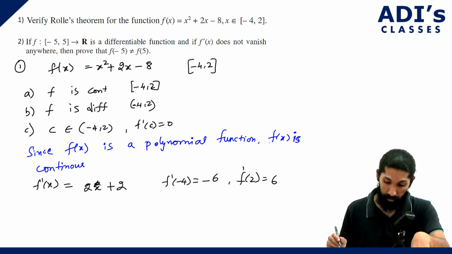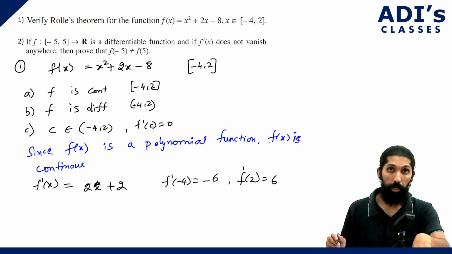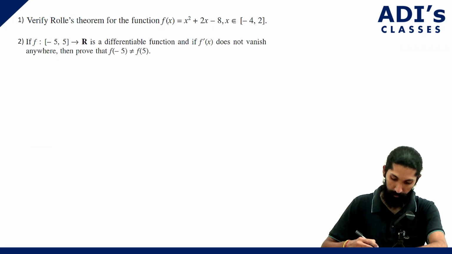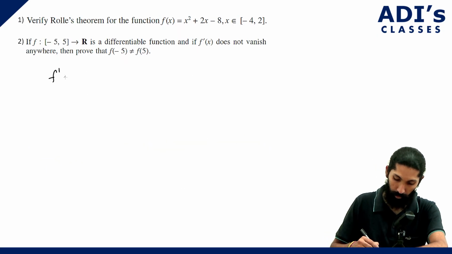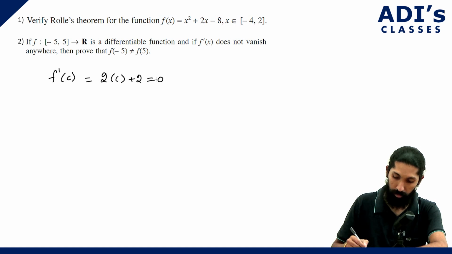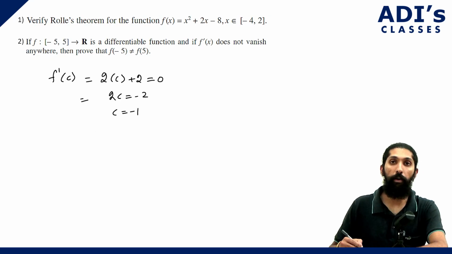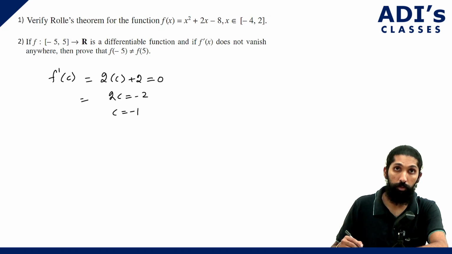Now the last one, there exists a point c, correct? We need to find that one out. So let's do this one. See, f dash of c becomes 2c plus 2. This is equal to 0. So 2c is equal to minus 2, c is equal to minus 1. See, minus 1 belongs to (-4, 2), right?